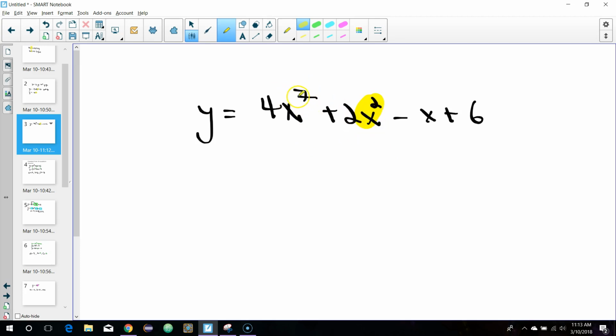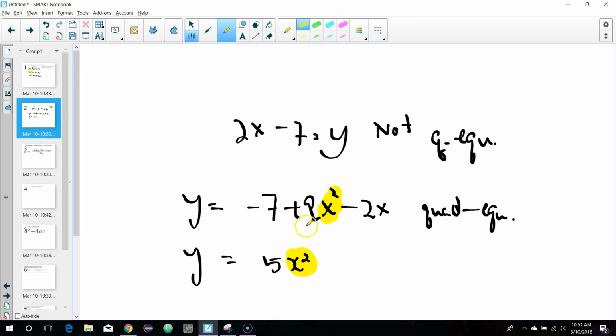If your highest power is not 2, let's say you have a 7, then this is actually not a quadratic equation. So you have to be really careful about determining which one is a quadratic equation or not. I'm sorry if I made that confusion. I was watching the video and I realized, oh, I forgot to talk about that. If the highest power is not 2, if it's like 1 or 7, then that's not your quadratic equation. Okay?